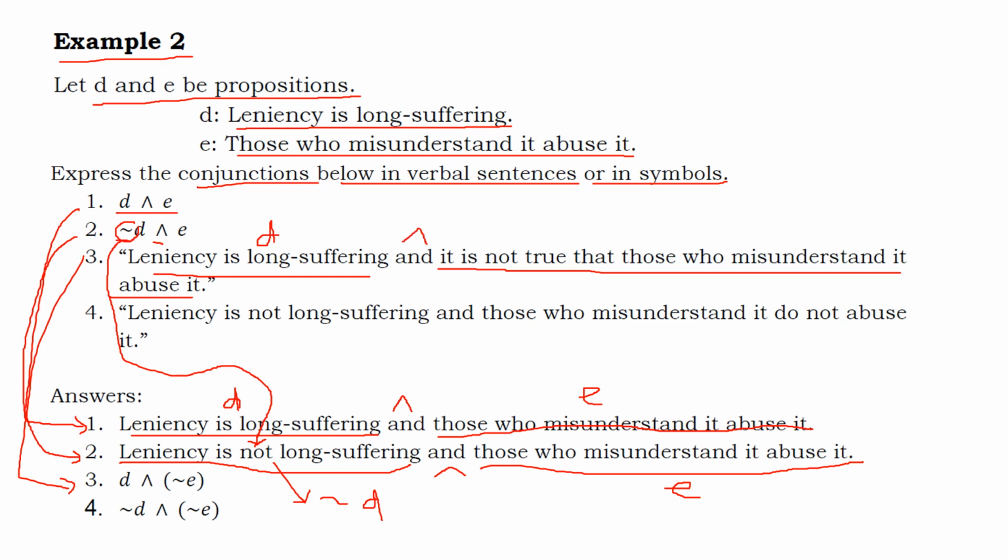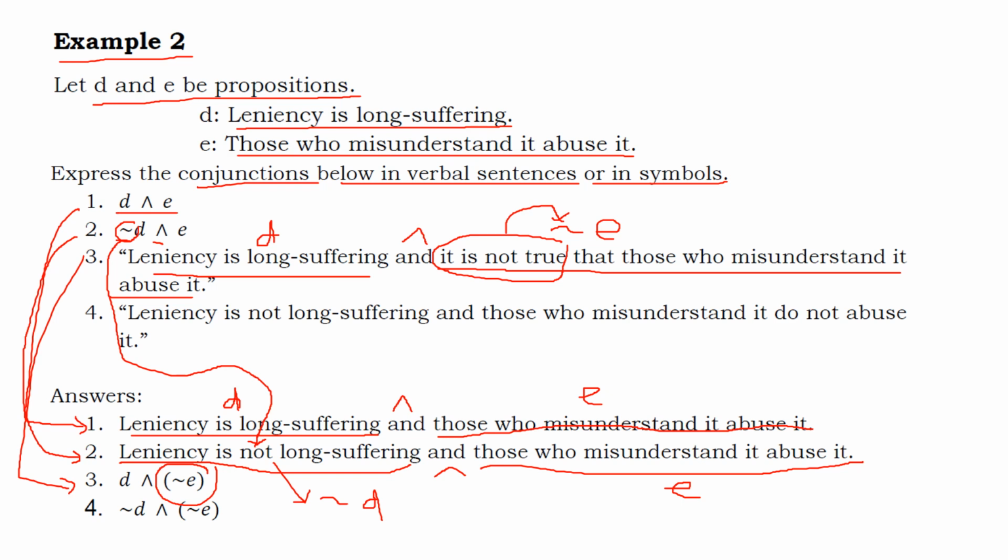And inside your parenthesis here, there is a negation E. That's why we use "it is not true" to represent this negation, or to oppose the original proposition E, no?